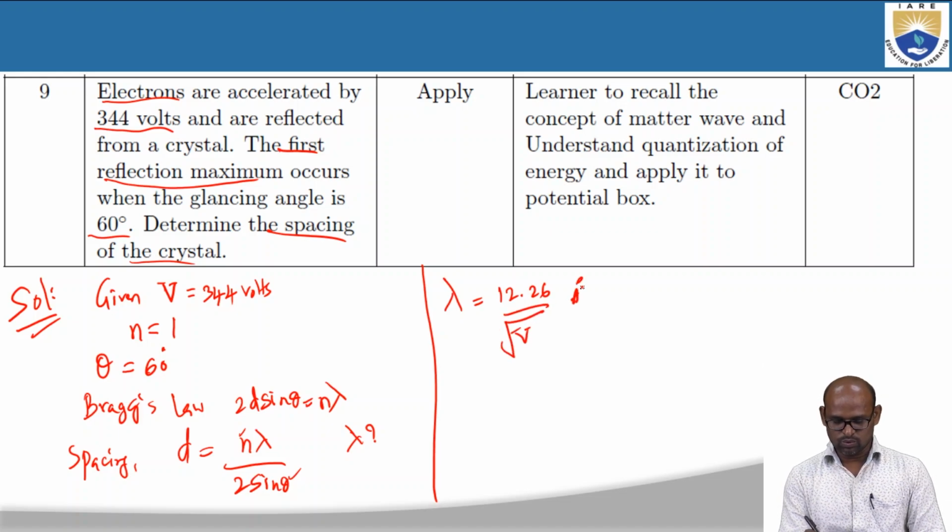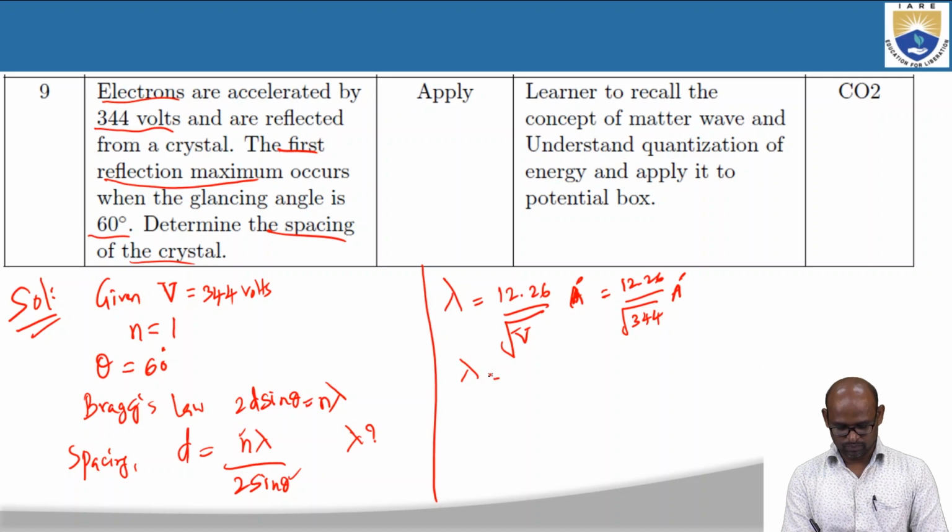V is given as 344 volts, so 12.26 by square root 344 angstroms. So we will find lambda as 0.6 angstroms.